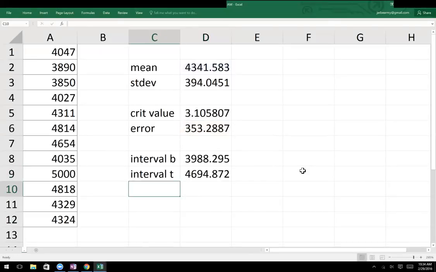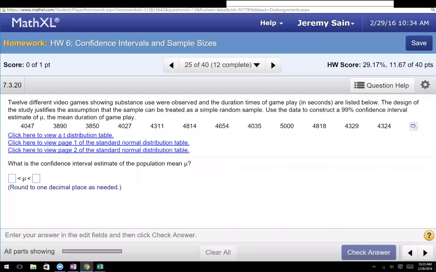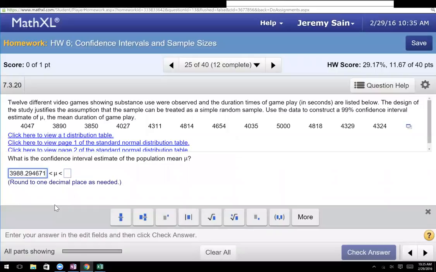So we think the mean should be about 4,300, and we're, what was it, 99% confident? I forget what our number was, but that it's actually somewhere between 3,900 and 4,700. Okay. Down to one decimal place, so that will be 0.3.